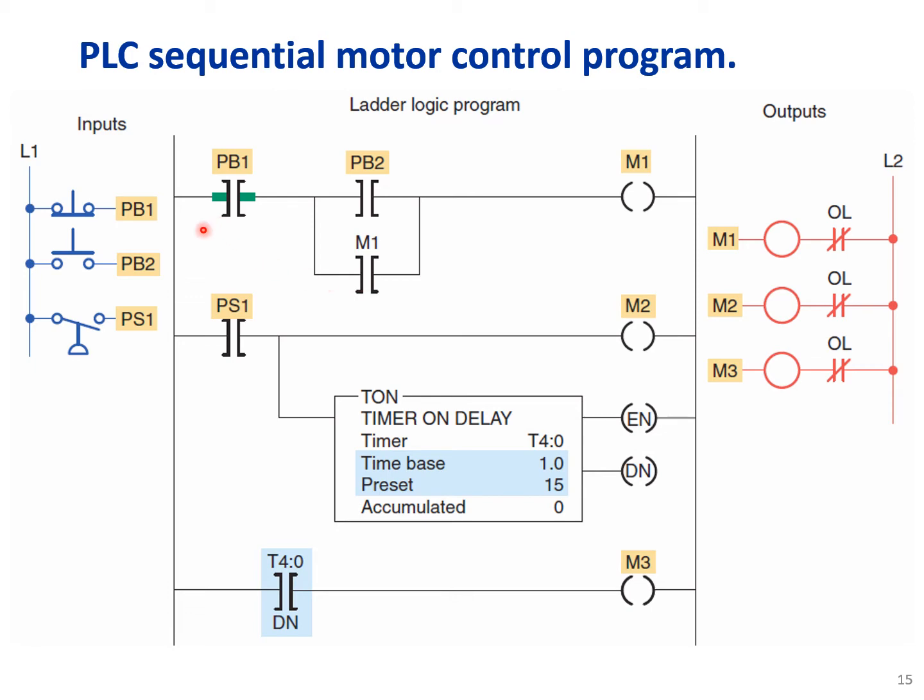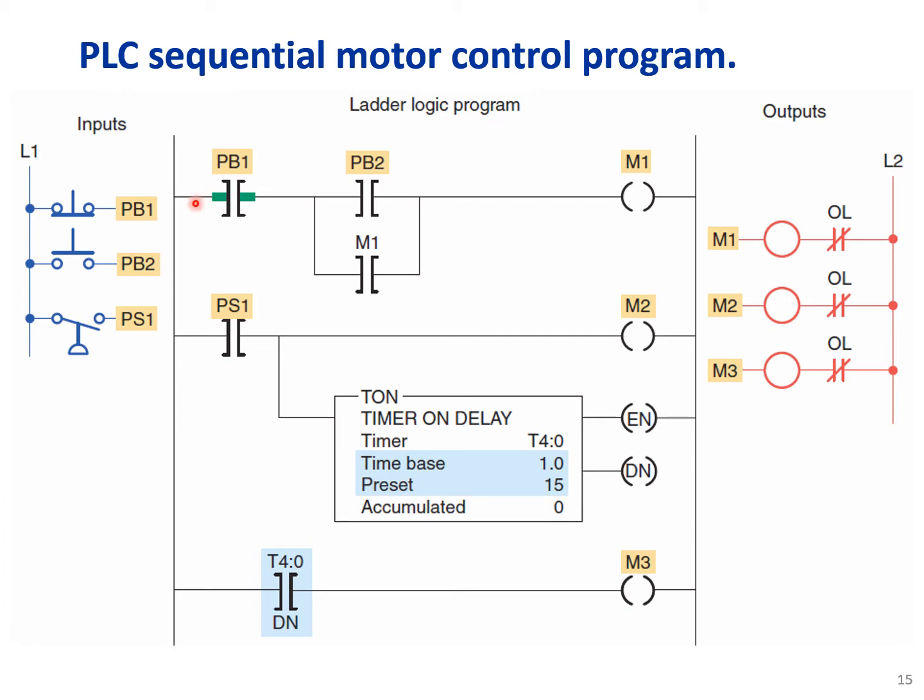The first push button is normally closed and the second one is normally open. You see that we have a green, which means this one is true because it's normally closed. So we need to press push button 2 to start the motor. Push button 1 could be a stop switch for emergency cases, so we need to press that to stop it.